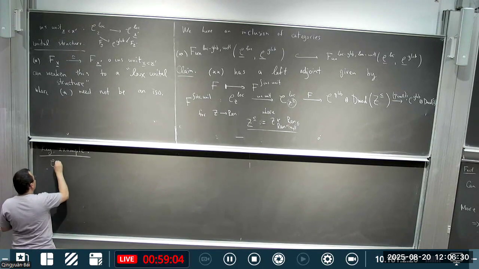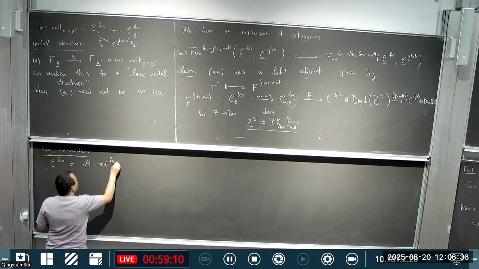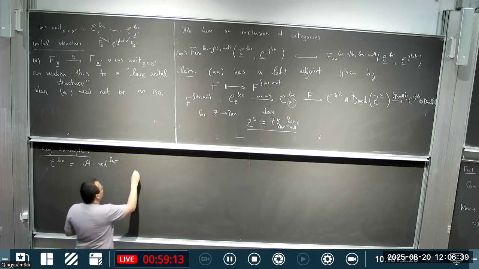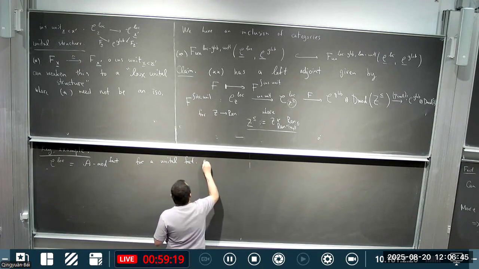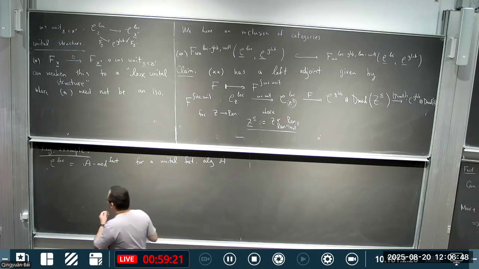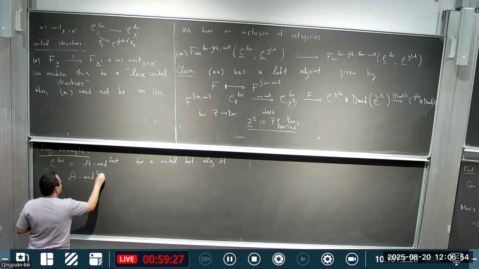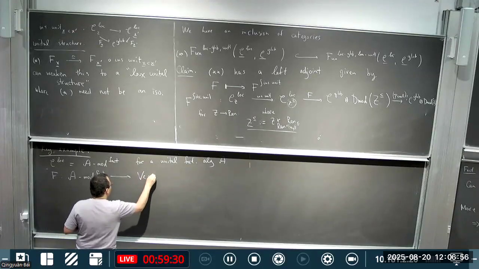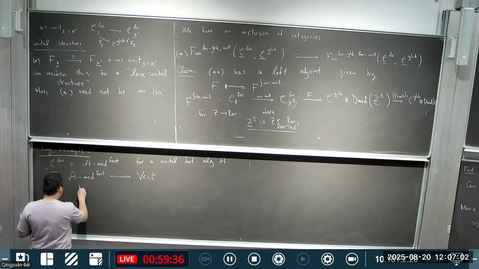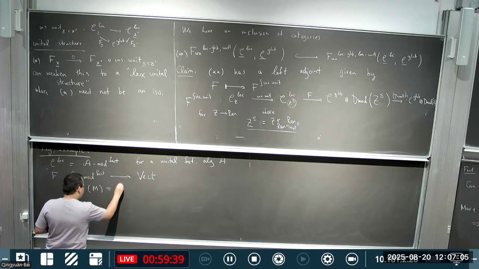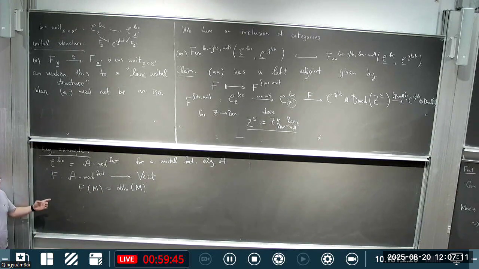Where A is a factorization algebra, or a unital factorization algebra A, and F is a factorization module, a local to global functor to Vec, which forgets: F of M is the underlying module of F. I think this was defined in Kevin's talk.